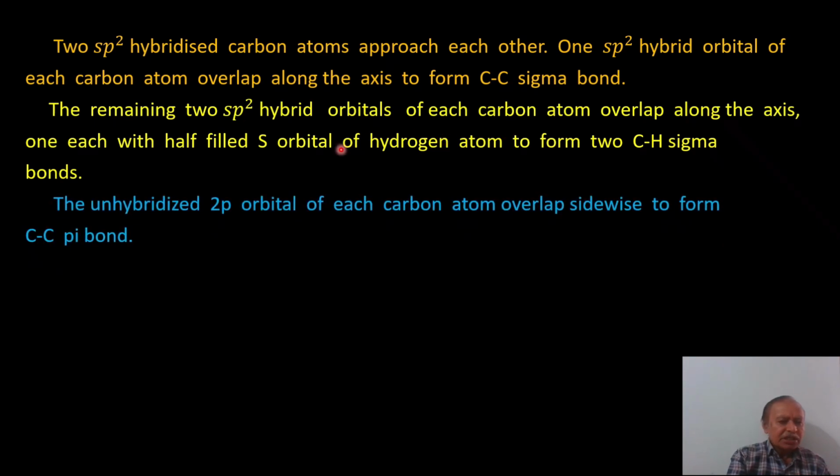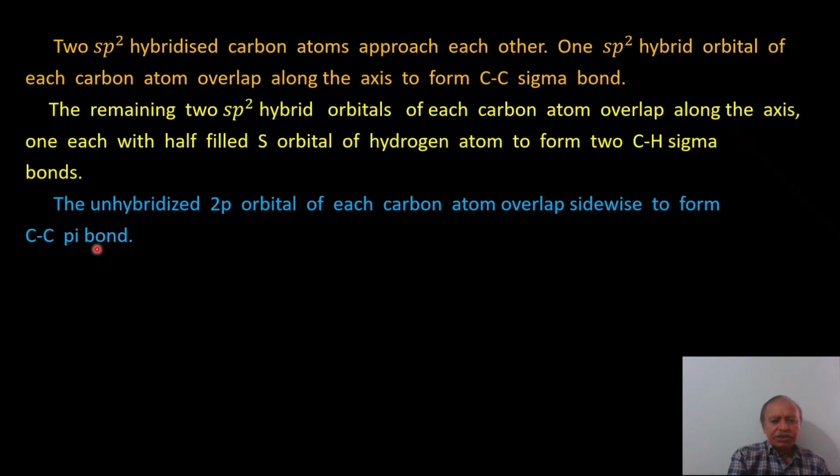After this, each carbon atom has one unhybridized 2p orbital. Now this unhybridized 2p orbital overlaps sidewise with the unhybridized 2p orbital of another carbon atom to form the carbon-carbon pi bond.